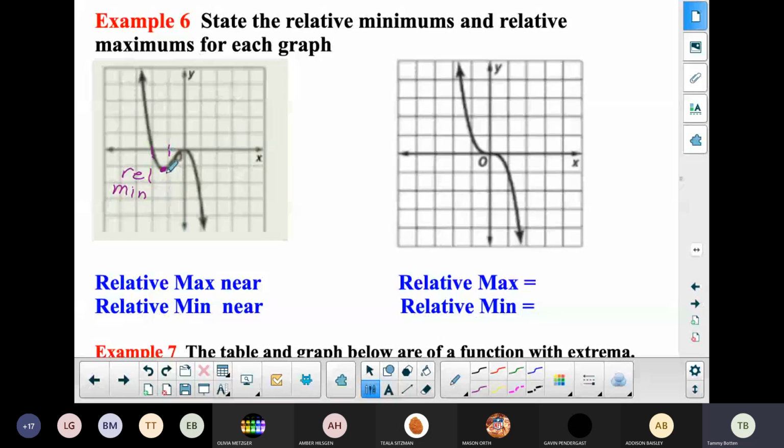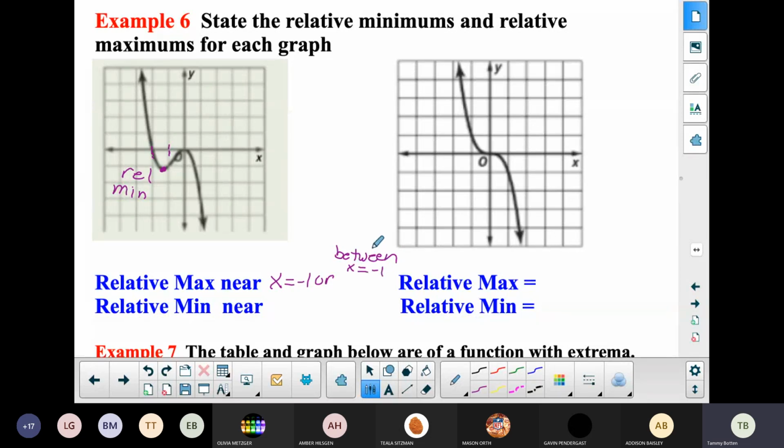So you could say this one is near x equals -1, since it's closer to x equals -1 than x equals -2, but you could also say it's between x equals -1 and x equals -2.